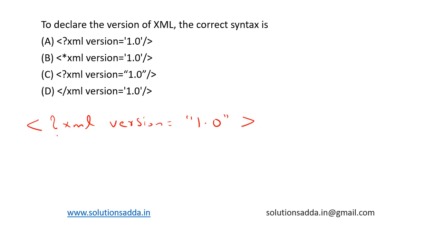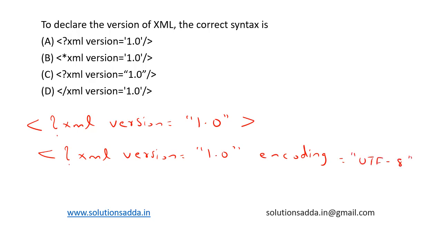We can even add the encoding that is to be specified. If we add this, then it would be xml version is equal to 1.0 followed by encoding is equal to UTF-8.